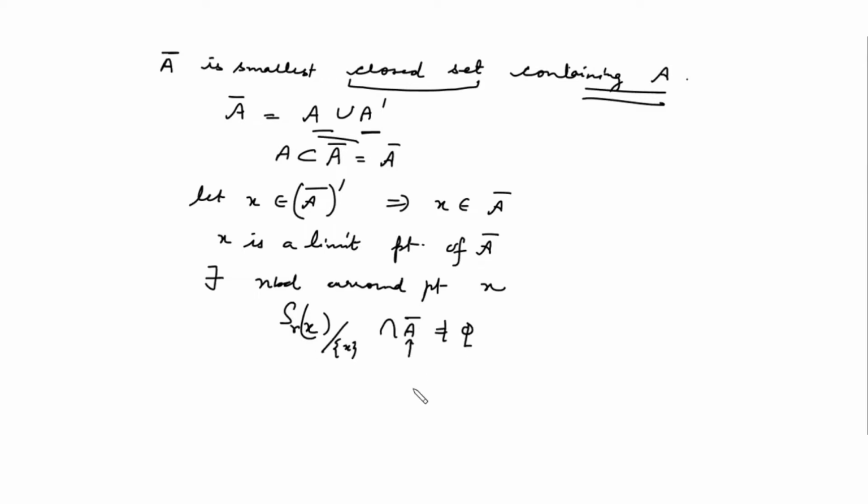You can substitute the value of A closure, it is A union A dash. It means either the intersection with A is non-empty or with A dash is non-empty. Means you are having some common points with A or some common points with A dash. Means in both cases it is a limit point of A.